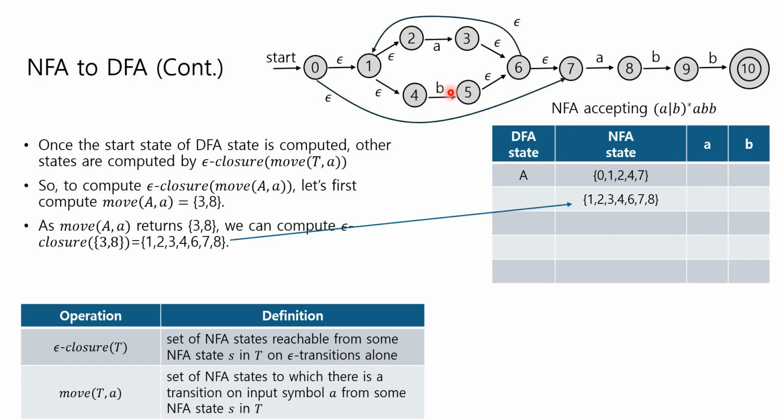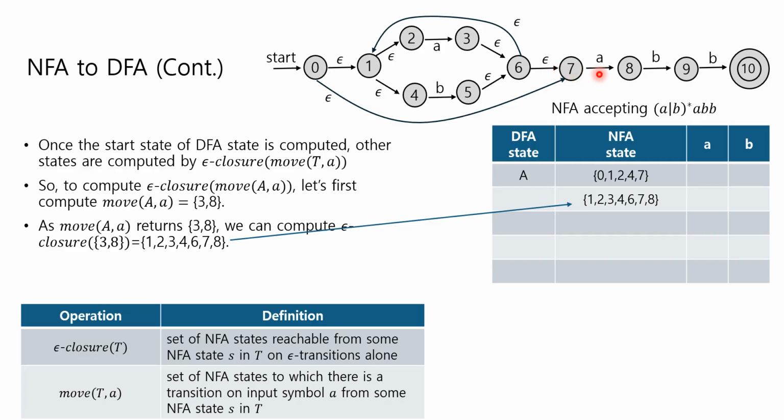And 5, no, we have to pass through input symbol b to reach 5 from state 3. And state 6, we can reach state 6 through state 3 to 6 on epsilon transition alone. So state 6 is in the set, and state 7, we can reach from state 3 through 3 to 6 to 7 on epsilon transitions alone.